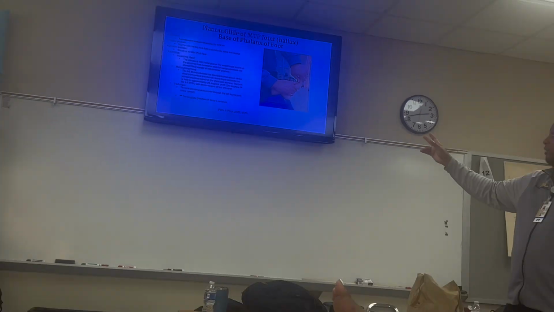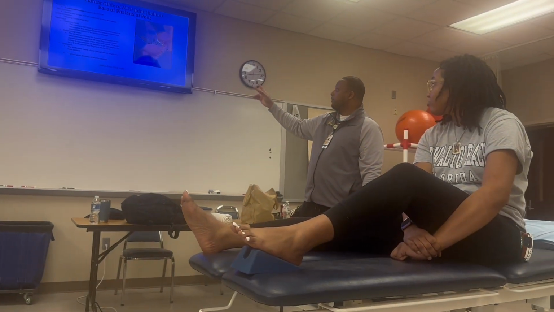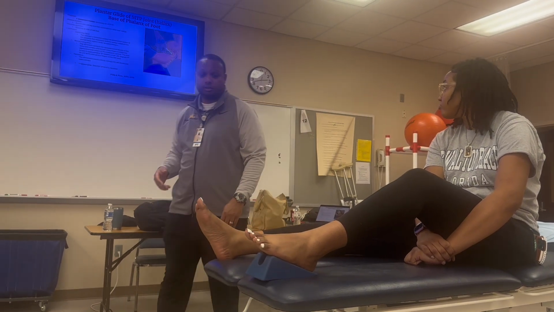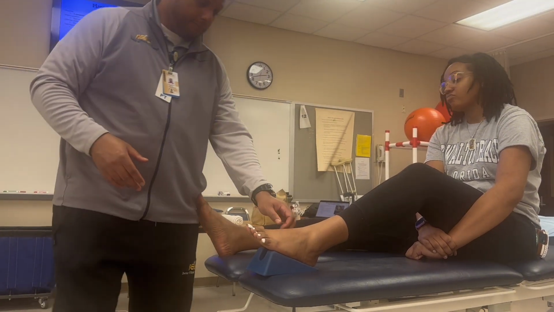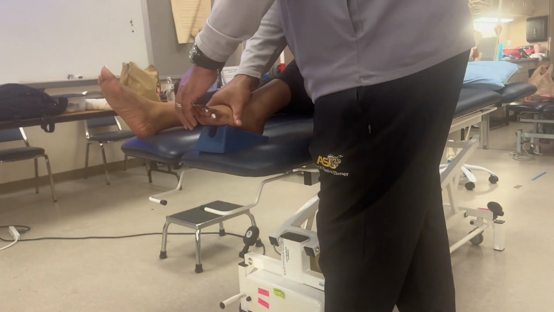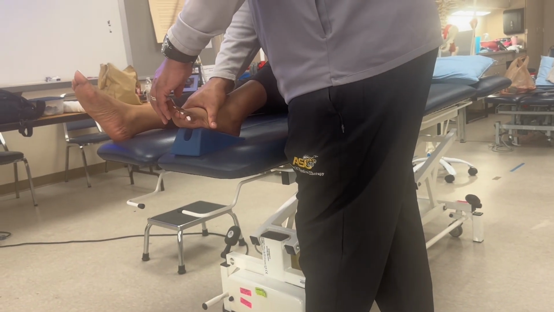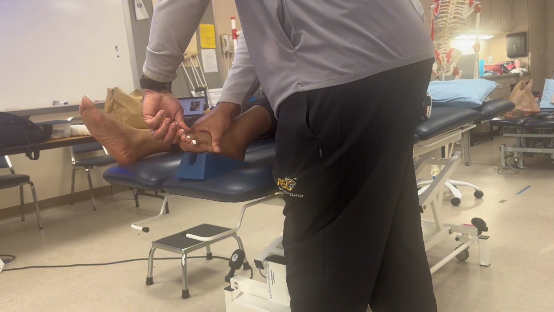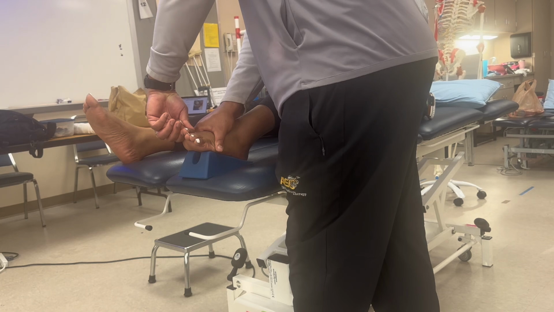So that's MTP extension. If I come right here, bunch up the skin, place her in slight extension, then the glide would be towards me.